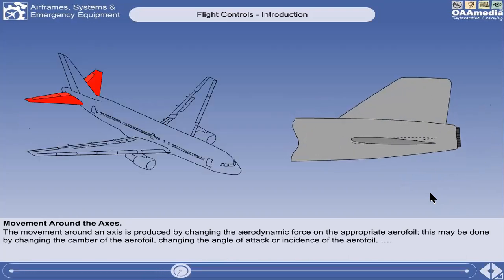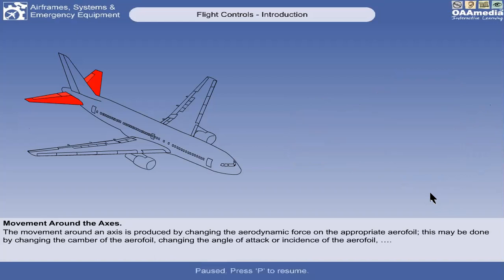Second, changing the angle of attack or angle of incidence, typically when we use a movable tailplane, or the entire horizontal stabilizer itself moves to compensate for the control of pitching.